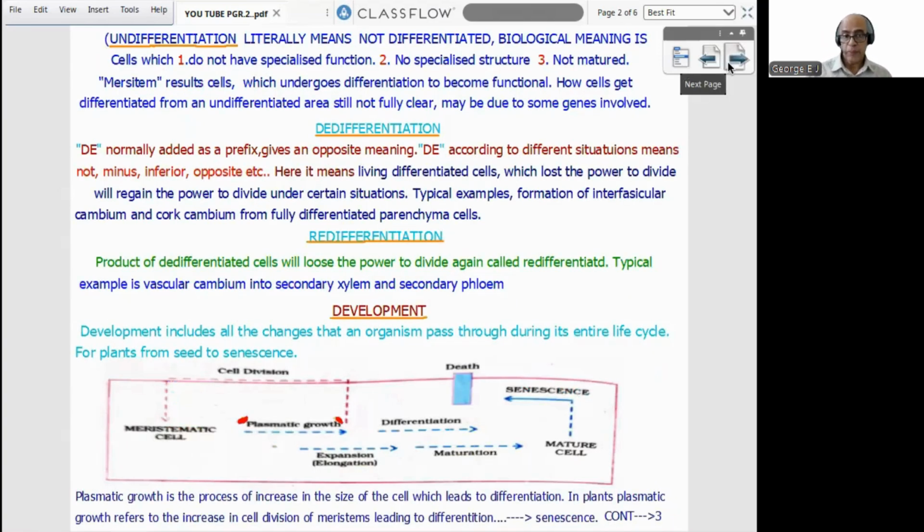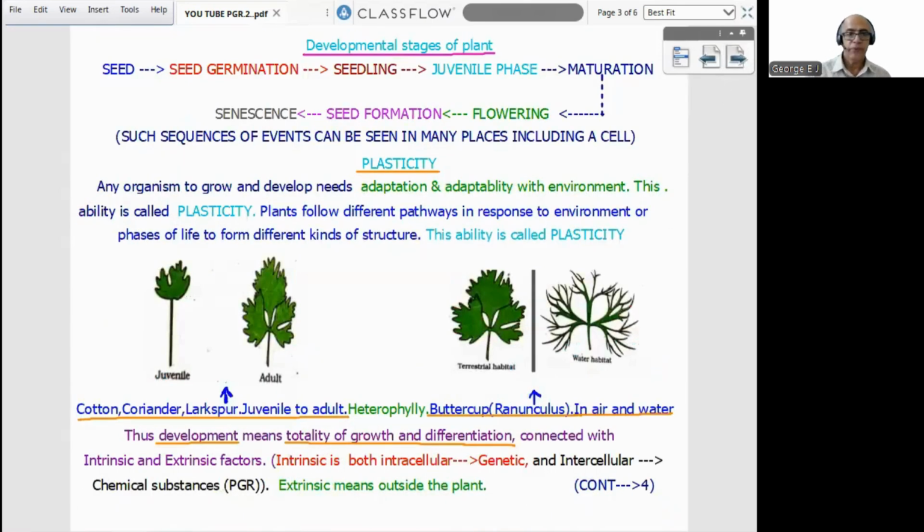What is development? Then a flowchart, where a term we specifically discussed is plasmatic growth. Then the developmental stages of a plant, again a chart. Then comes the famous term plasticity. What is plasticity? Adaptation, adaptability.